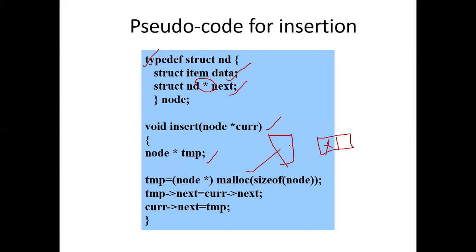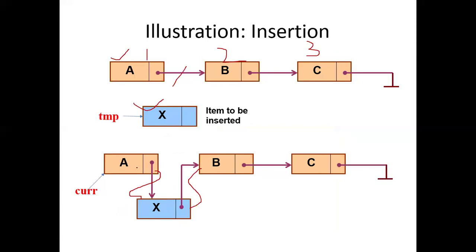The current node's next will be pointing to temp, and temp's next will be pointing to the current node's next. The current node's next was the B address, and that will be changed.